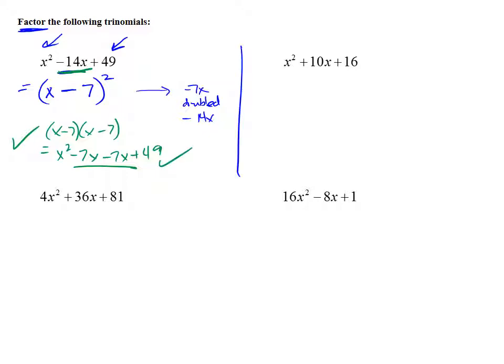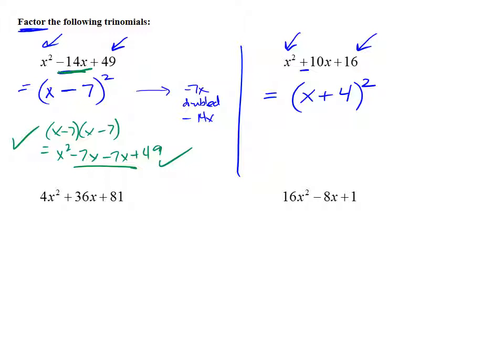Our next example, once again, I've got an x squared, which is a perfect square, and a 16, which is a perfect square. So I'm going to take a look and see if this would work if I use x plus square root of 16, which is 4. I'm using a plus because the 10 in the middle was positive. So let's see if this would work.